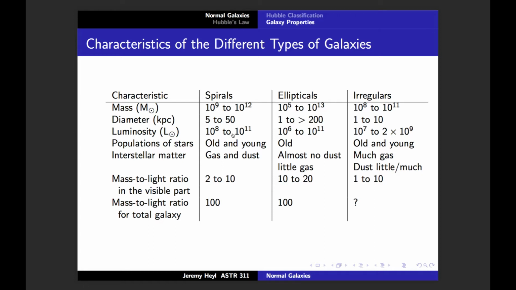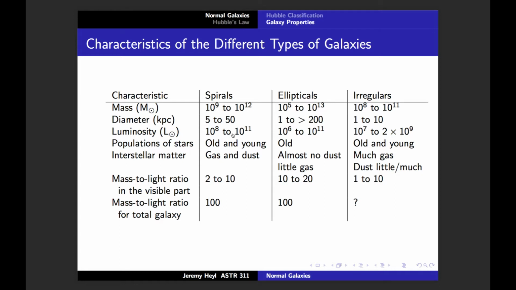The stars in ellipticals were typically born a long time ago, and that goes hand in hand with the fact that they don't have any gas anymore, or very little gas. So we don't see stars forming in ellipticals. The irregular galaxies are typically smaller and less luminous.